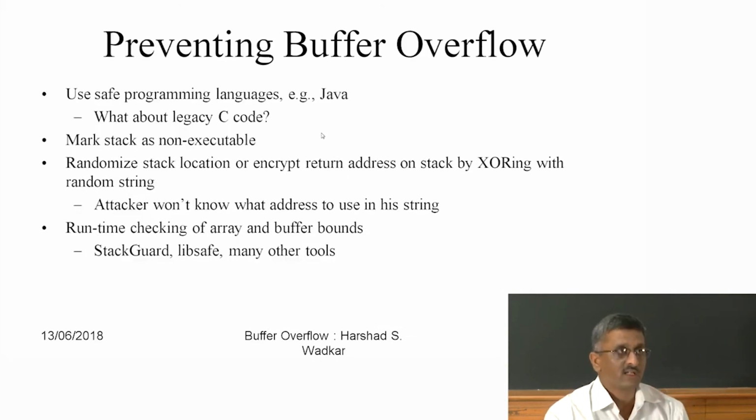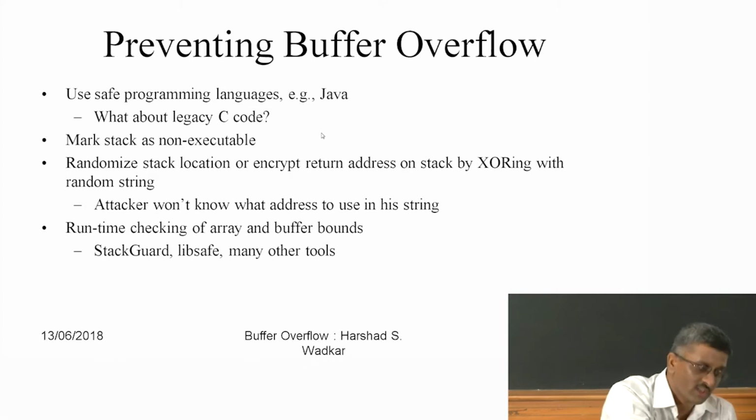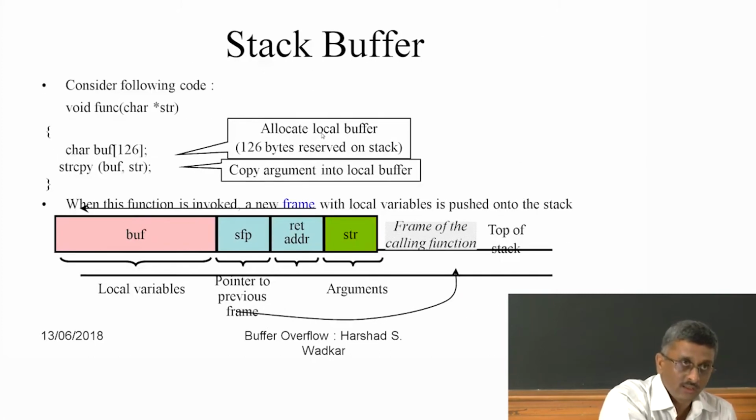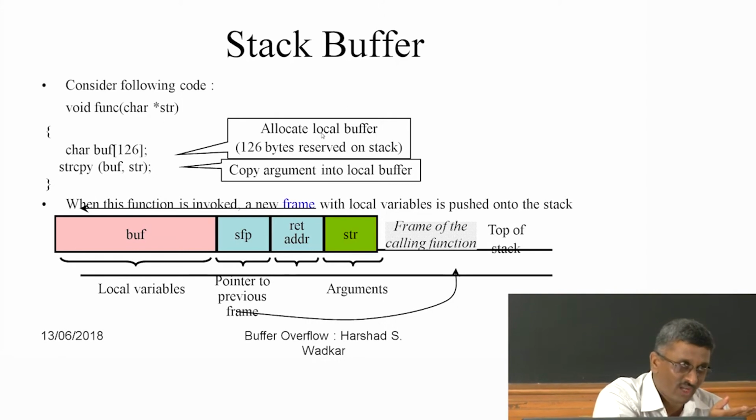The next method is called randomize stack location or encrypt return address. Here, what does the attacker need to understand? The attacker needs to give input which is 134 bytes. First he will try 10 bytes, and buffer overflow will not happen, then he will give 200 bytes, and buffer overflow will happen, but his code will not run because his code is not at the 200 location.